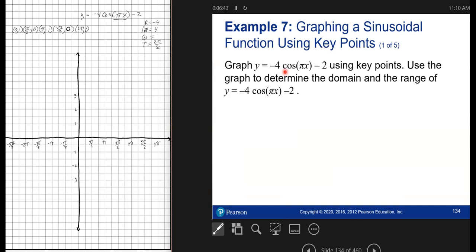It's pi. Omega is what x is being multiplied by.